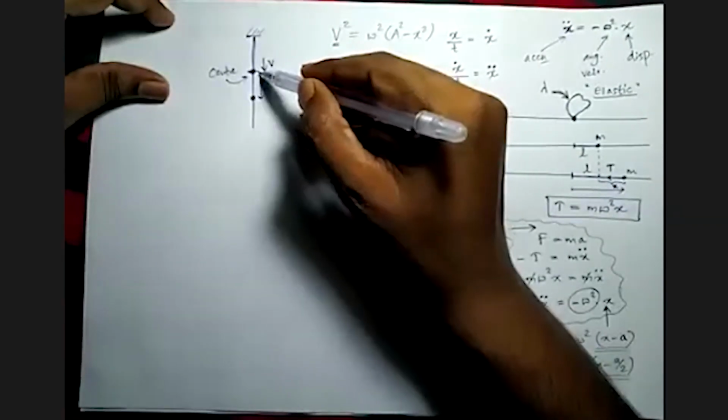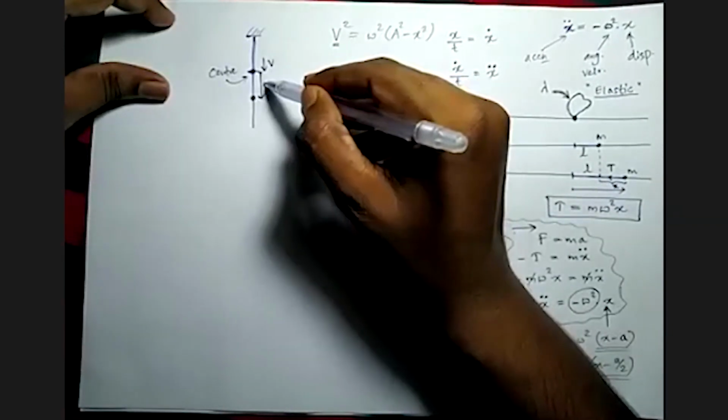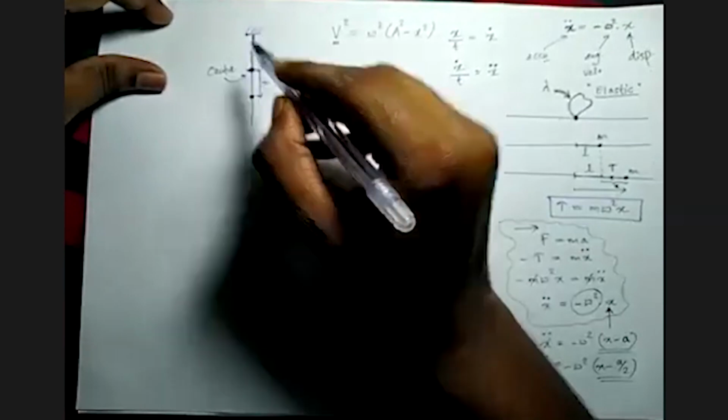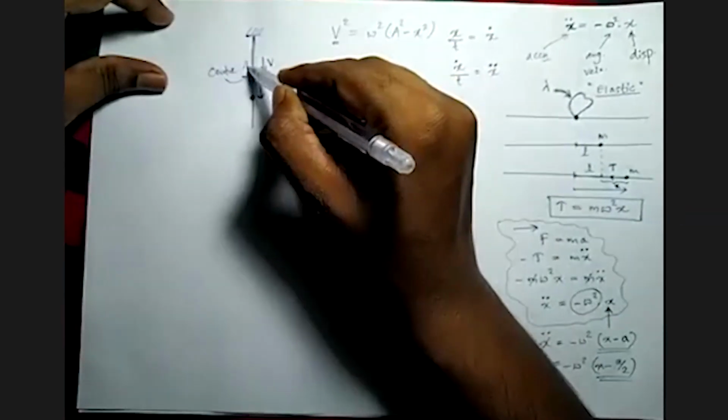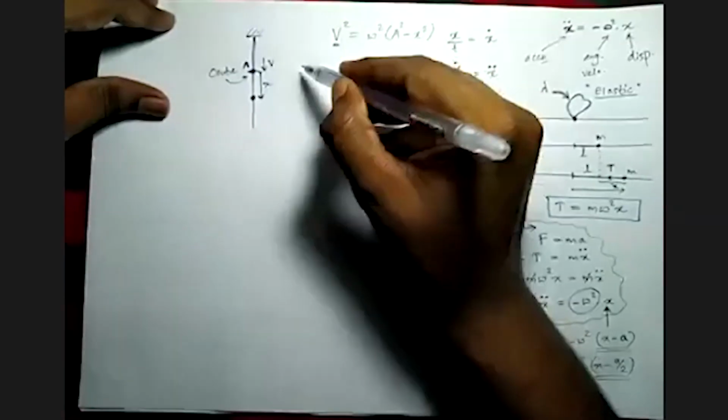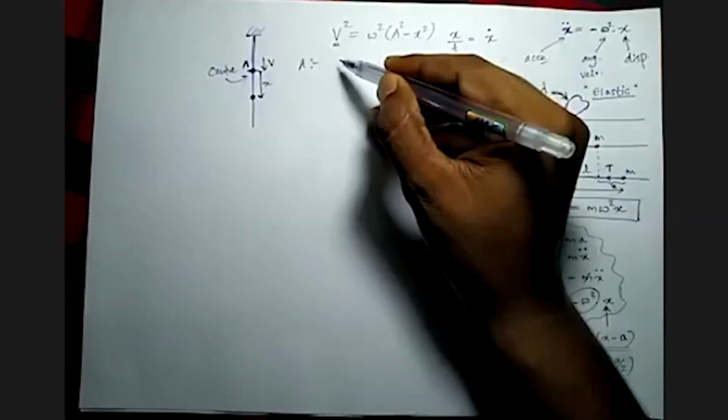Let's say we have a displacement to this particular point, x. Then now I'm going to apply this equation to point A, capital A. With respect to point A, this equation is like this.